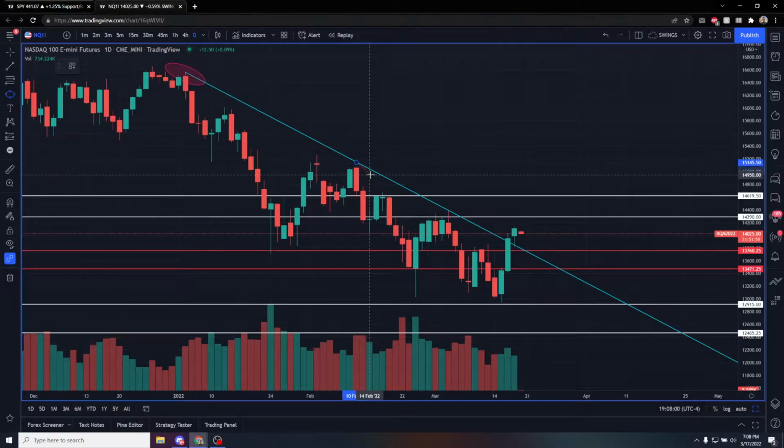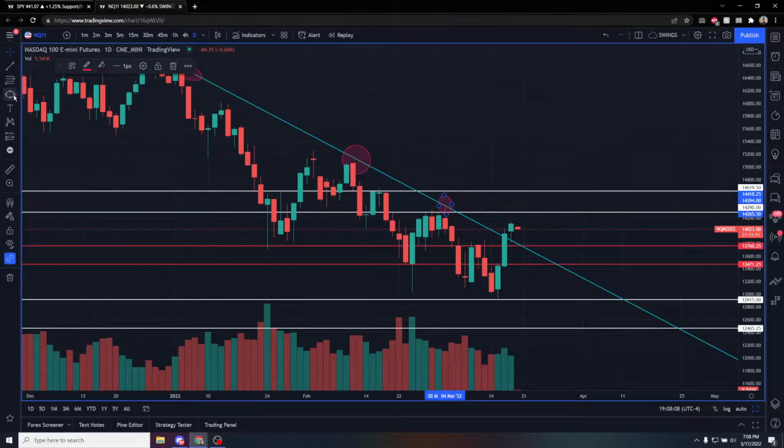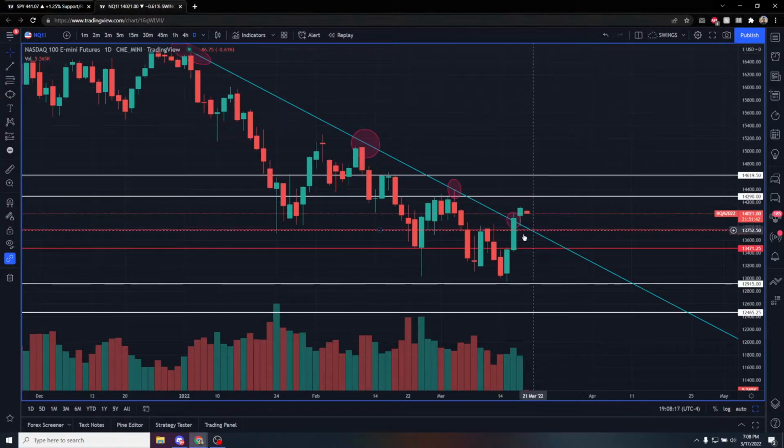We can also include this one here. Definitely have that here. Then two days ago, we were approaching that trend line, so we can expect a bounce at this resistance of the trend line, or we can also look for a breakout.